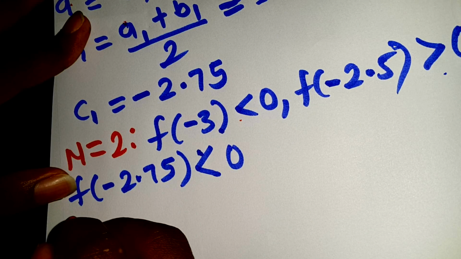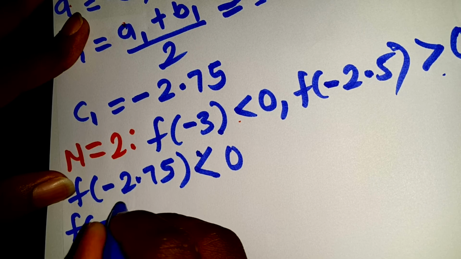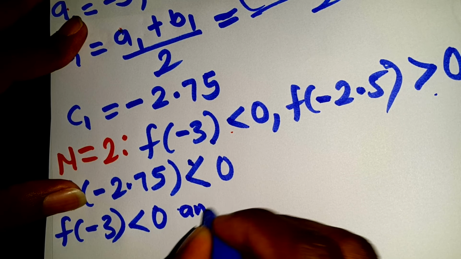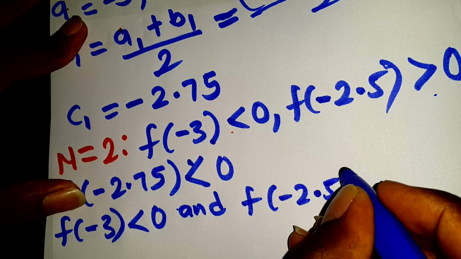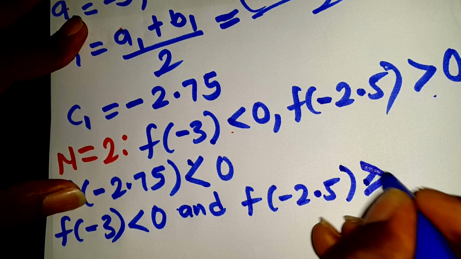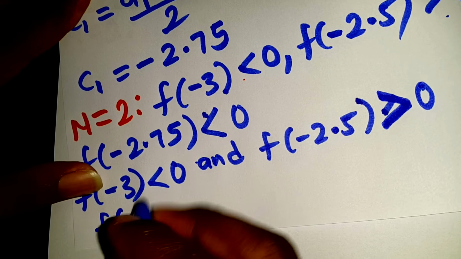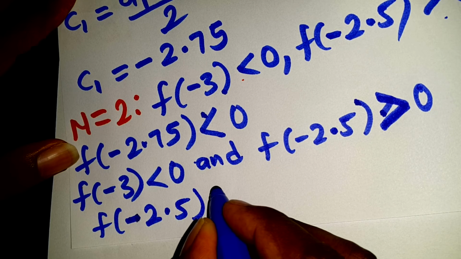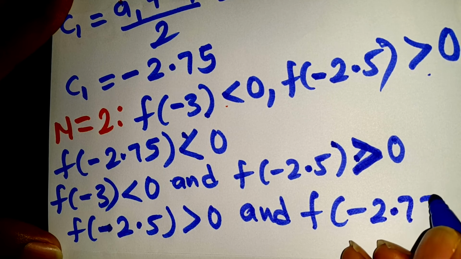Let me write it down so that you can understand it. We can either choose between f of minus 3, because it's less than 0, and this, or you can choose f of minus 2.5 and f of minus 2.75.